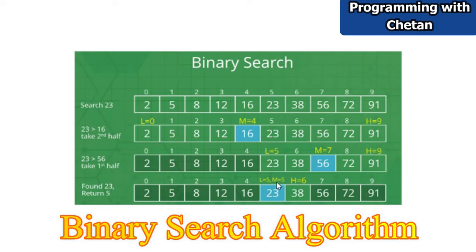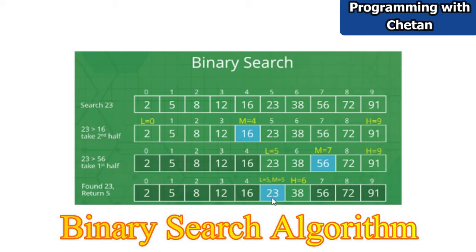Now again we will apply the same algorithm and see if my element is at the middle value. Here my middle value is at index 5 and its value is 23. I check if 23 is greater than the middle value. No, right? Then we check if it is less than the middle value.